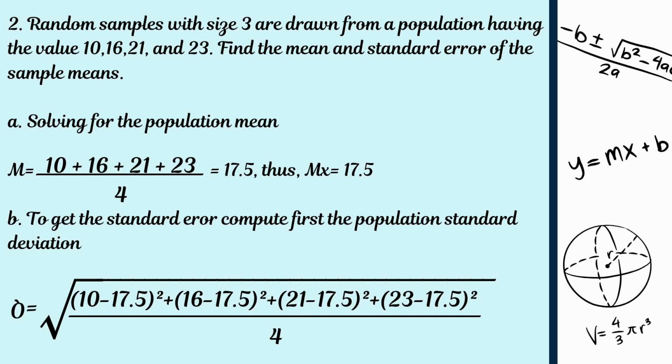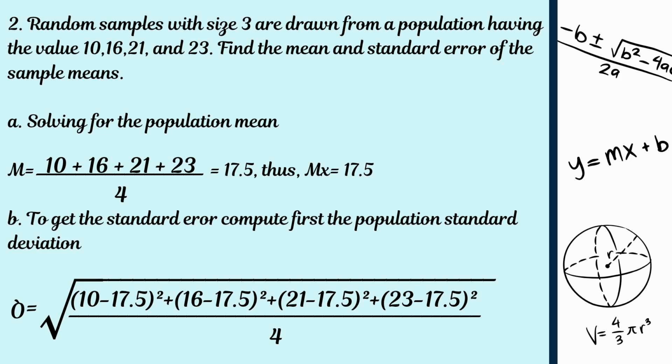X sub 1 minus mu: 10 minus 17.5 equals negative 7.5. And x sub 2 is 16 minus 17.5 equals negative 1.5.